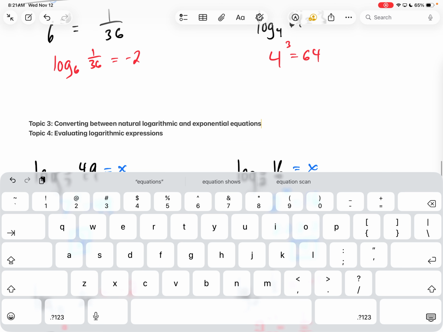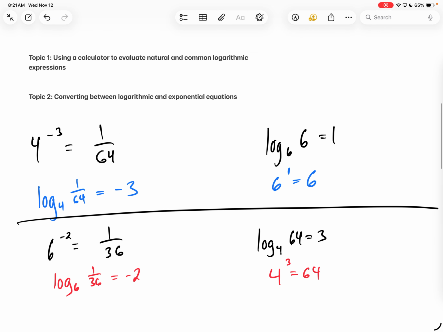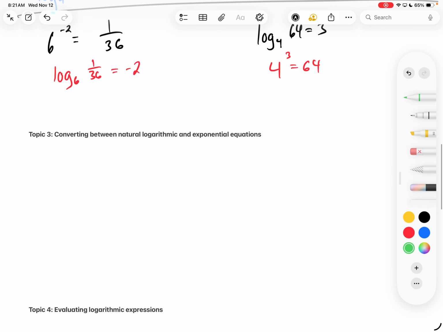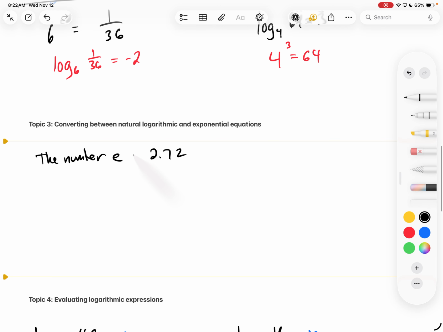So let's go back to this one. In exponential world, they have what they call the number e. It is like 2.71, 2.72 if I round it. It has to do with some calculus a little bit, but this is kind of like pi.